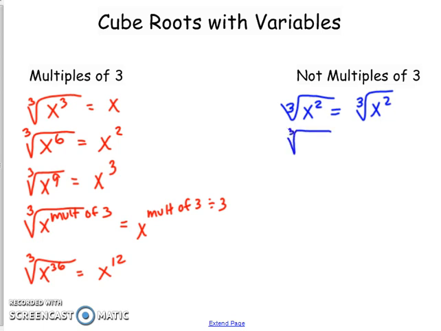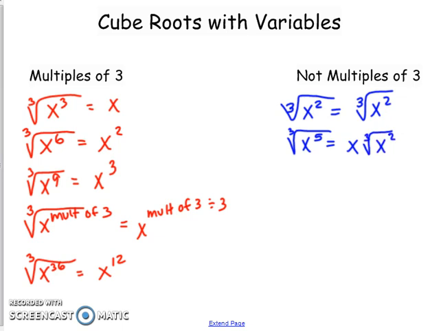If I have the cubed root of x to the 5th, 5 can't divide by 3. It's not a multiple of 3. So the closest multiple of 3, without going over 5, is 3. So 3 divided by 3 would be 1, and then I have 2 left over.